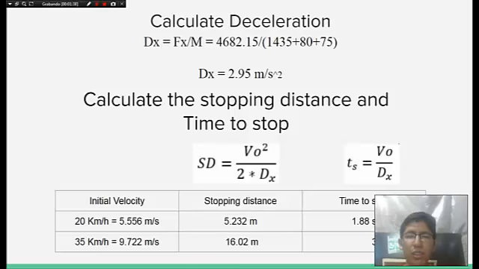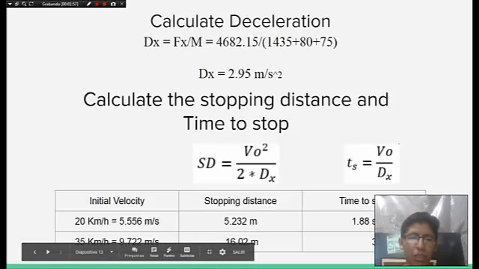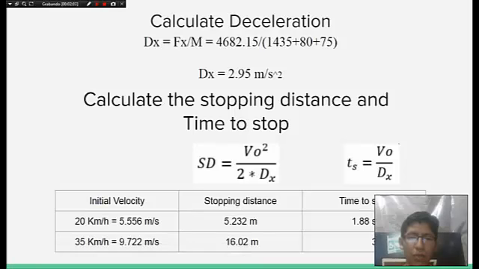Calculate the stopping distance and time to stop. To calculate the stopping distance, replace the deceleration in this equation, varying the initial velocity. Change the value in the equation.